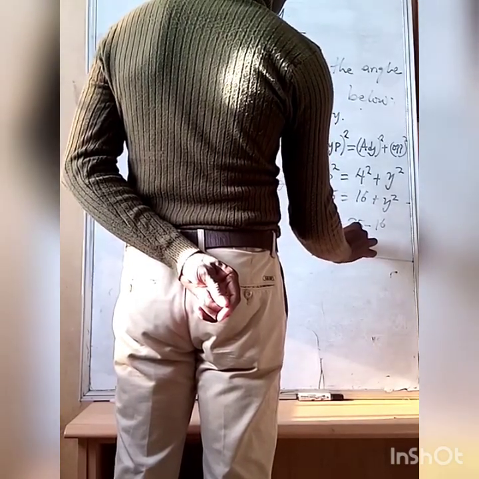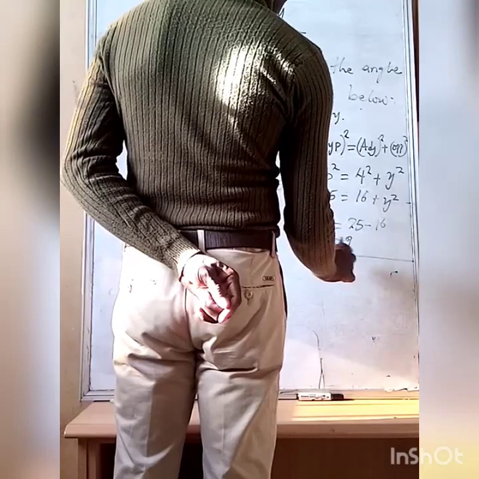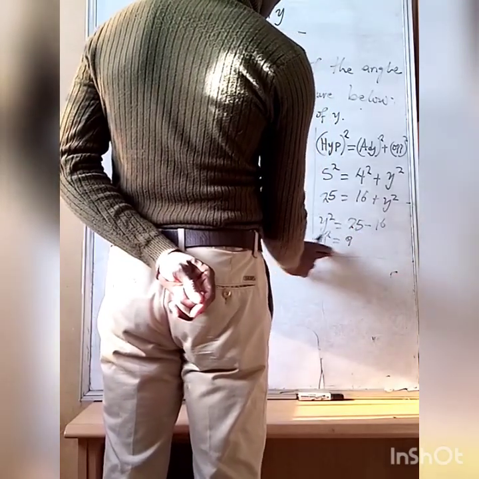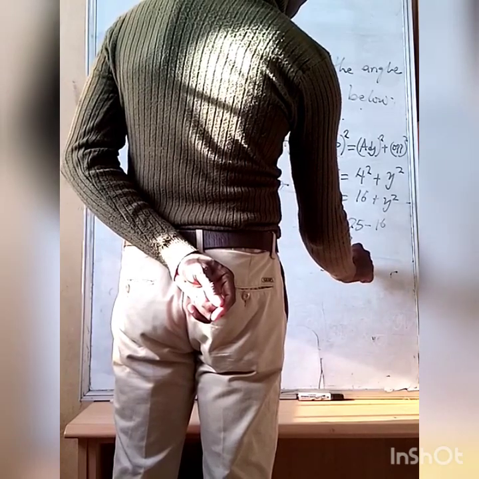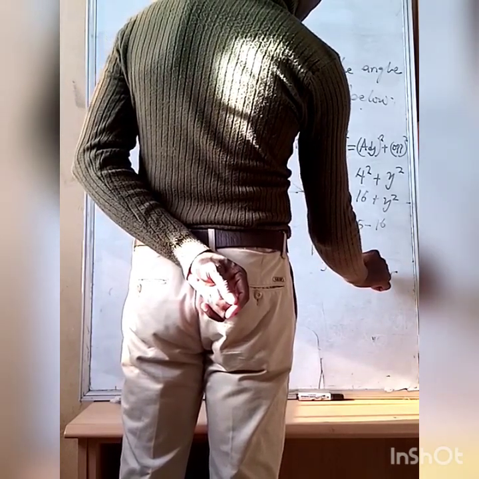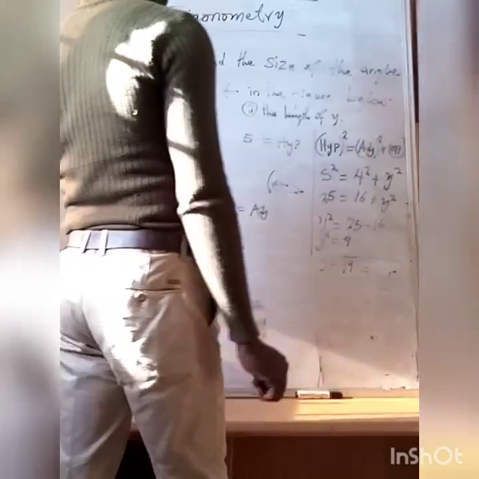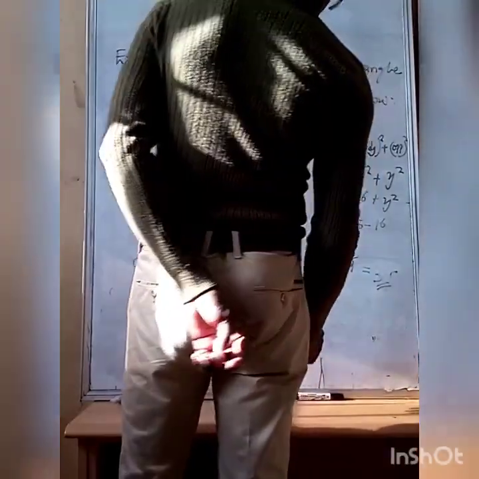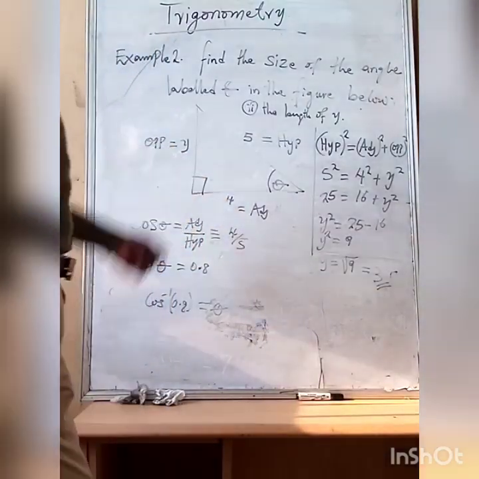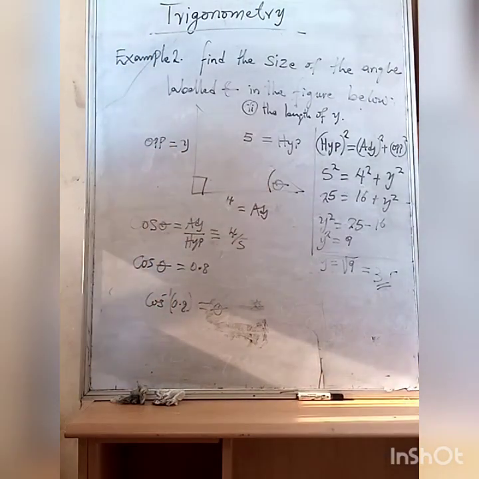Y squared is equal to 9. Y now is equal to the square root of 9. That's the positive square root, because we are dealing with length, which is equal to 3. So y is equal to 3.